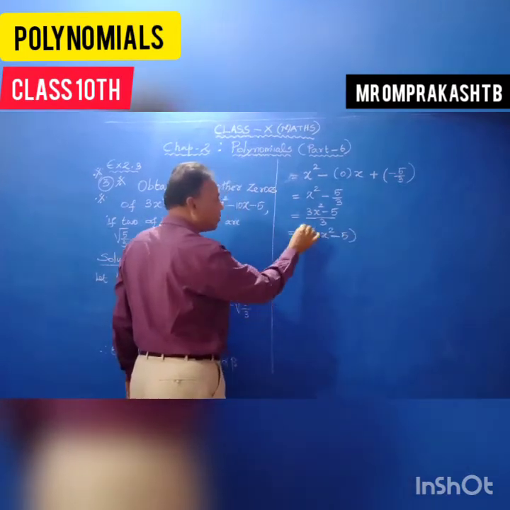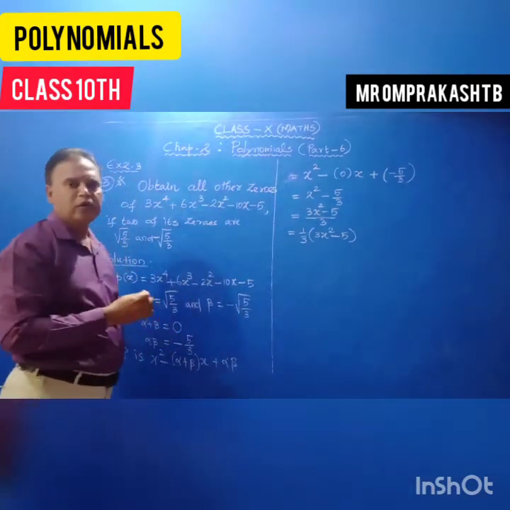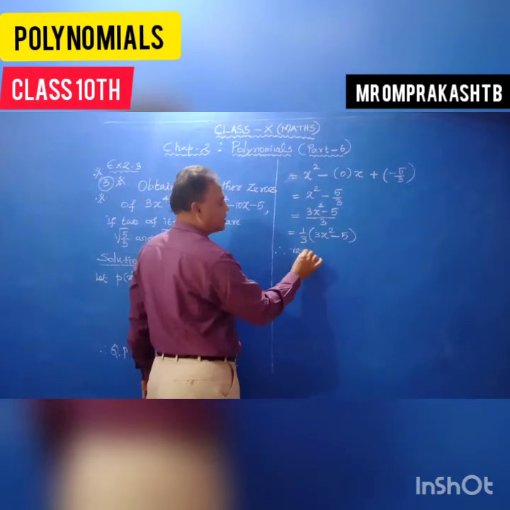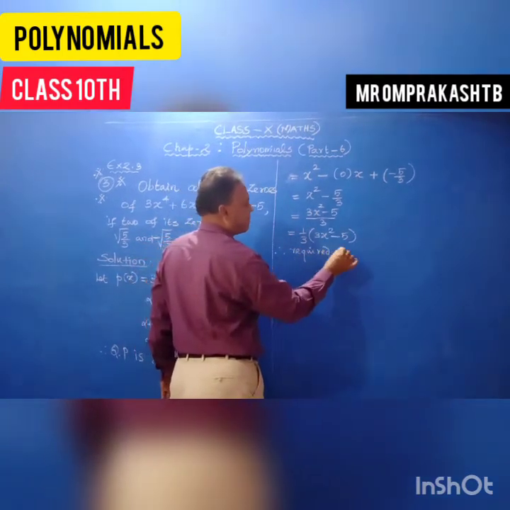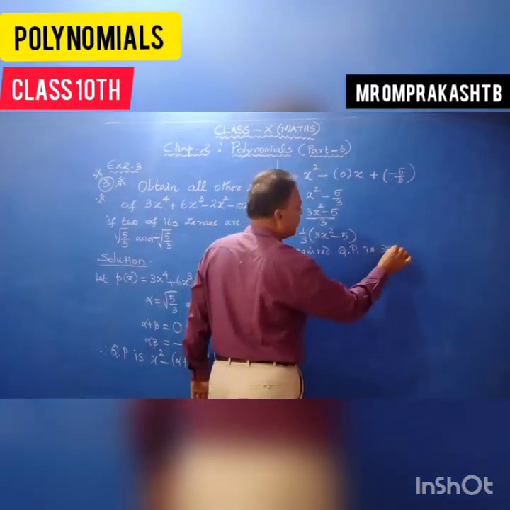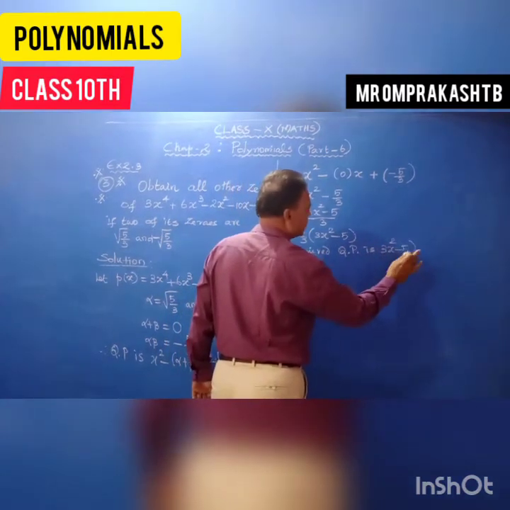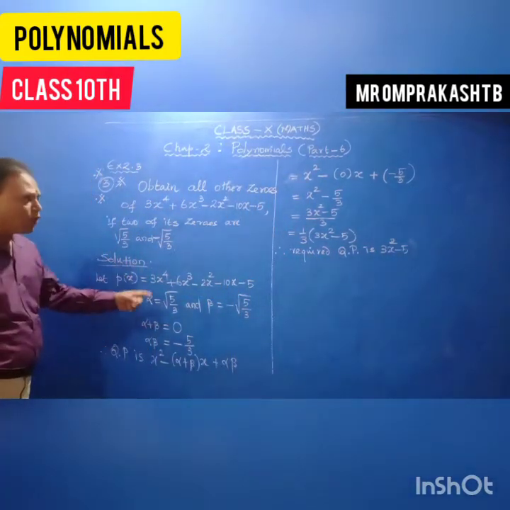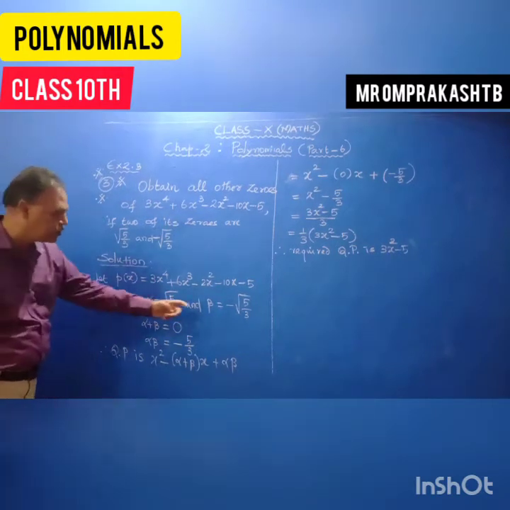Now this 1 by 3 is a scalar, so you ignore it. Therefore the required quadratic polynomial is 3x squared minus 5. Clear? So we got one quadratic polynomial using these 2 zeros.